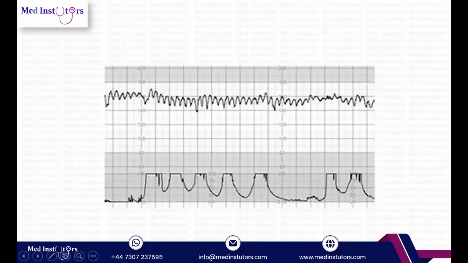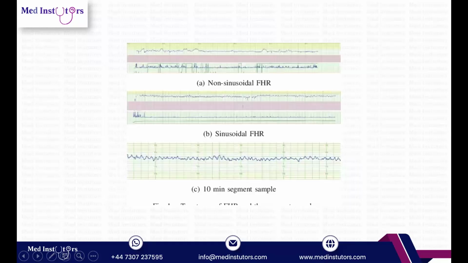This is a classic sinusoidal pattern. It's seen in fetal anemia, be it parvovirus B19 infection, which was a question in the past exam, or Rh isoimmunization, or hypoxia and distress can also present as this sometimes.